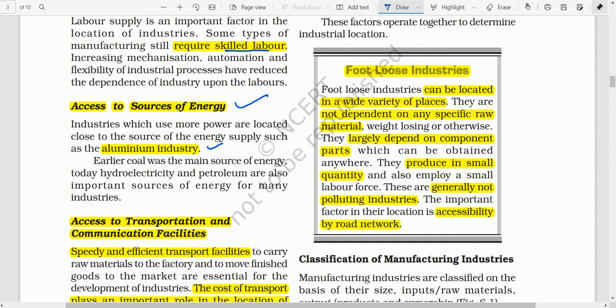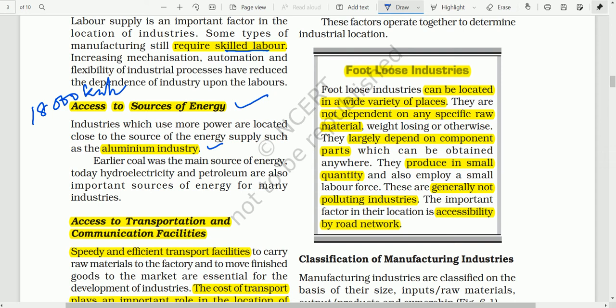To process 1 ton of bauxite ore, we require more than 18,000 kilowatt hours of electrical energy in the case of the aluminum industry. That is why the aluminum industry is mainly located nearby the source of power, that is electricity.